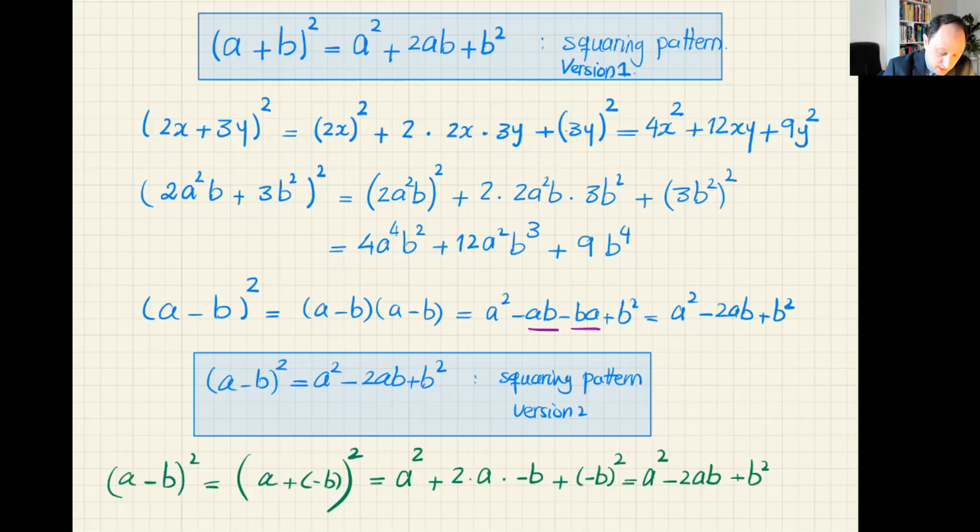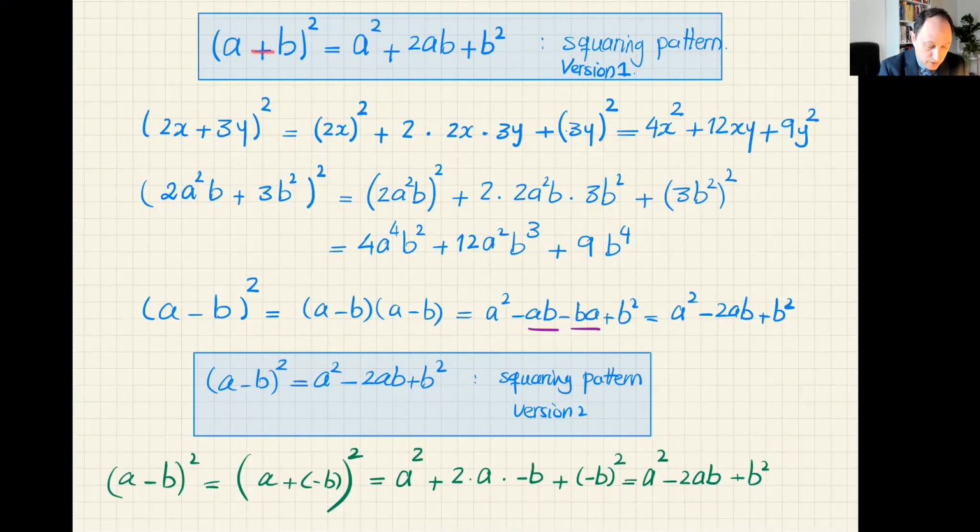So it means that for this one, I can show it in two different ways. Either I can start from scratch again, or I can reduce this problem into a problem of squaring pattern version 1, and then I use that version to prove this formula again. Okay, but anyway, the book has written it in two different ways, so this is why I put them here.